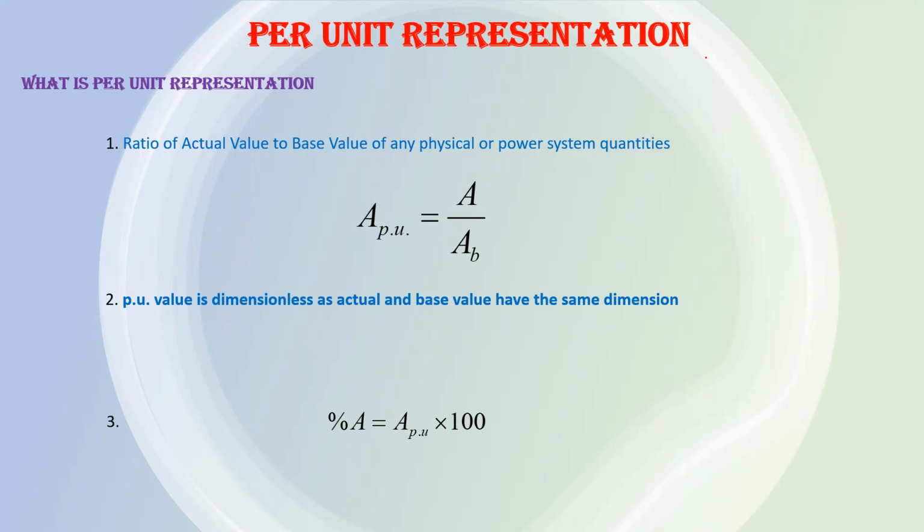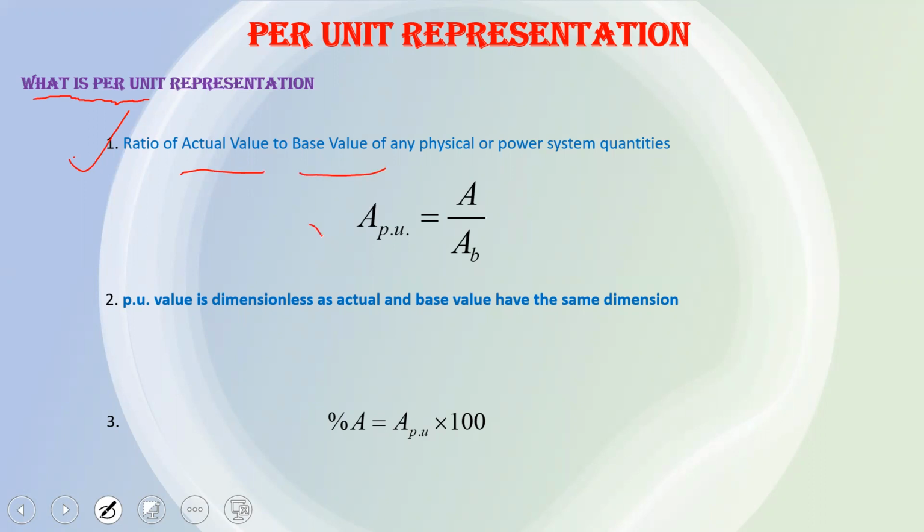So what is the per unit representation of any physical quantity, or how will you convert any physical quantity into the per unit system? This is the definition. According to this definition, the per unit value of any physical quantity is the ratio of the actual value of the quantity to its base value.